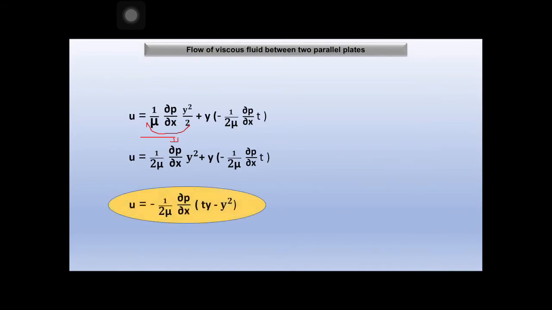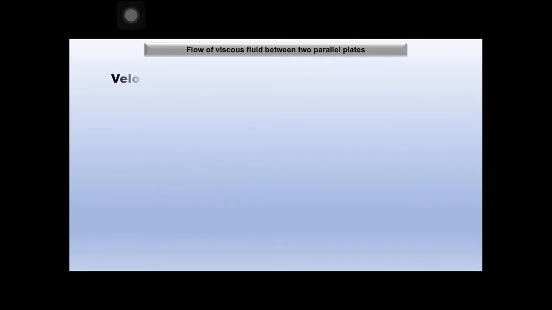We will take the common terms outside of these two terms, and this equation will become u is equal to minus 1 by 2 mu into delta p by delta x under bracket ty minus y square, bracket closed, and we will give it as equation number 3. This is nothing but the velocity distribution equation that we needed to study as the first parameter.